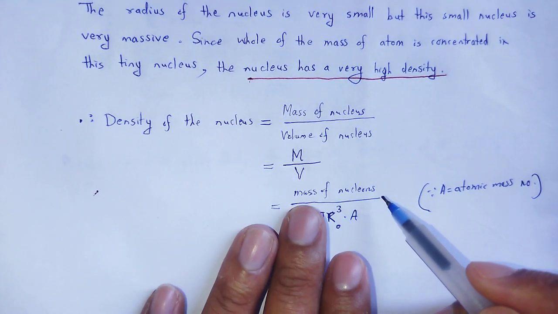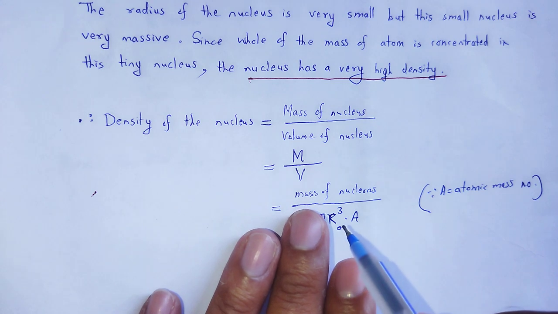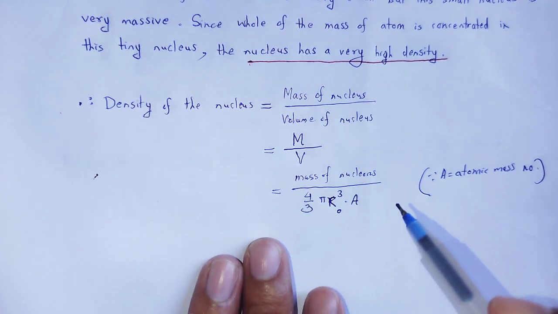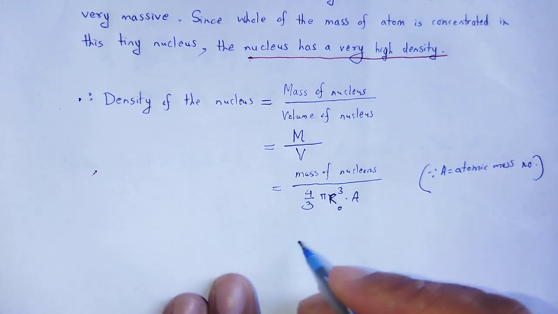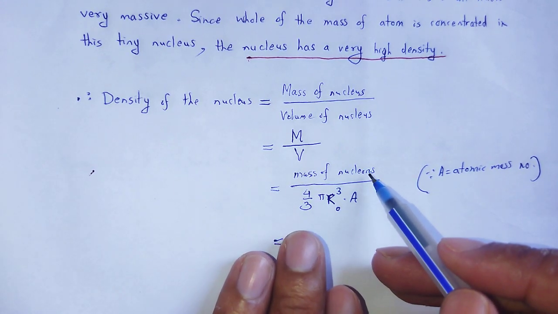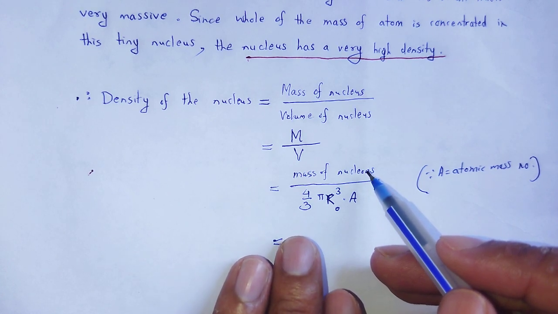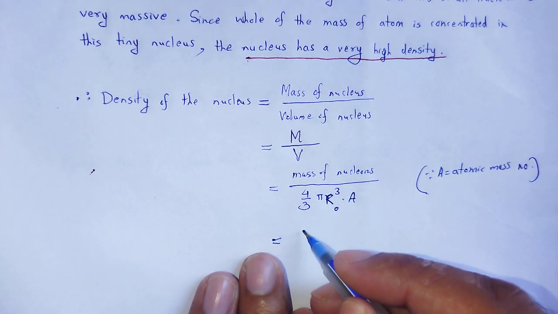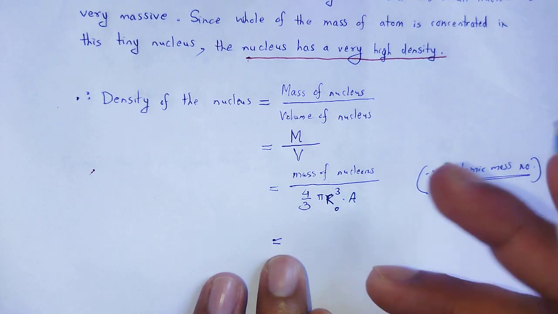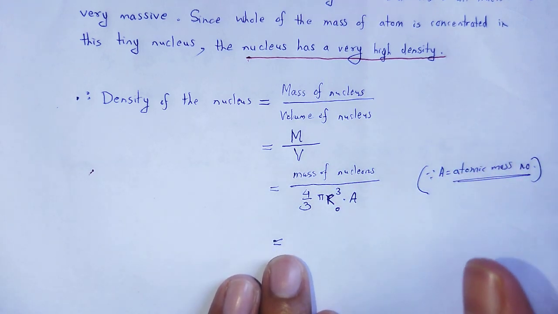Similarly, the mass of nucleus, that is mass of proton plus mass of neutron. Or in other words, we can say mass of nucleons is equal to atomic mass number into mass of any of that nucleons.